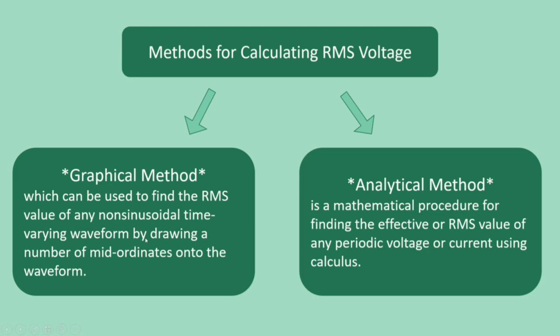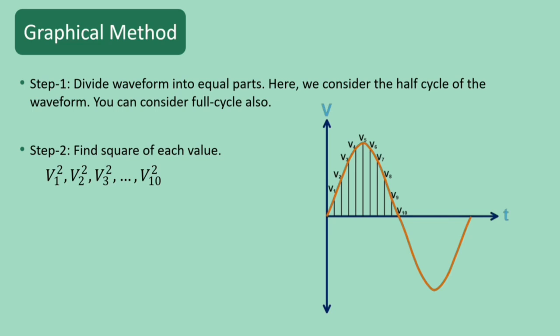It involves sampling the waveform at multiple points and calculating the RMS value. While the analytical method is a mathematical procedure for finding the effective or RMS value of any predictable voltage or current using calculus.